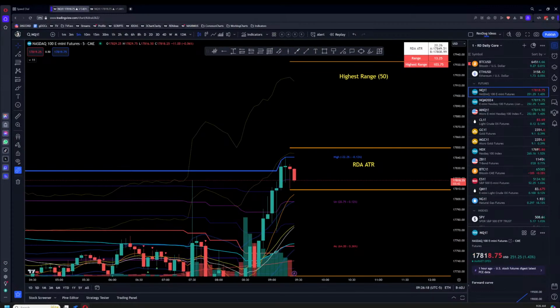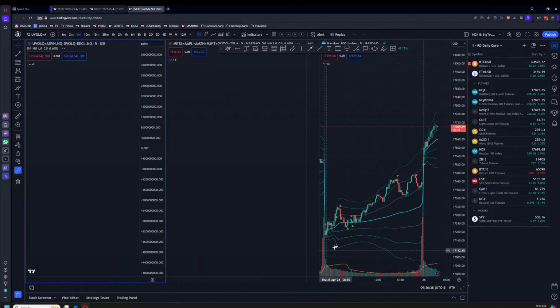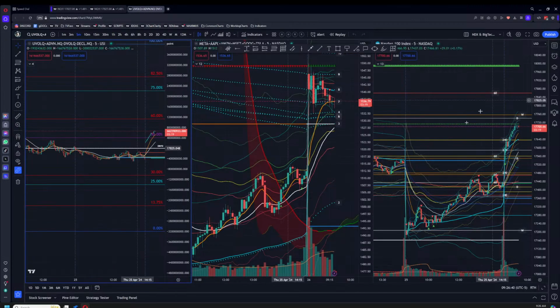Do I have that bookmarked? I thought I did. Internals. That's what I meant, the internals.